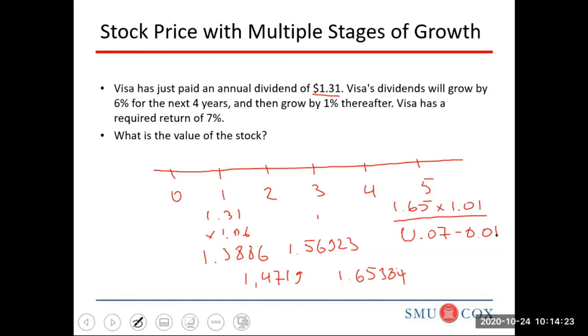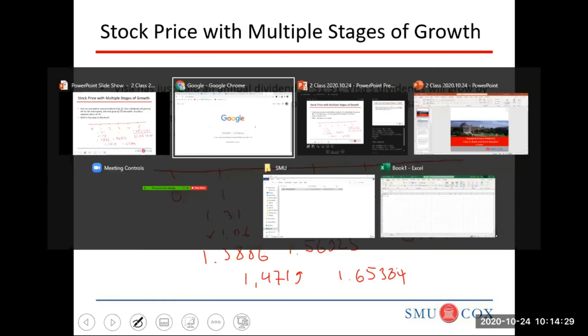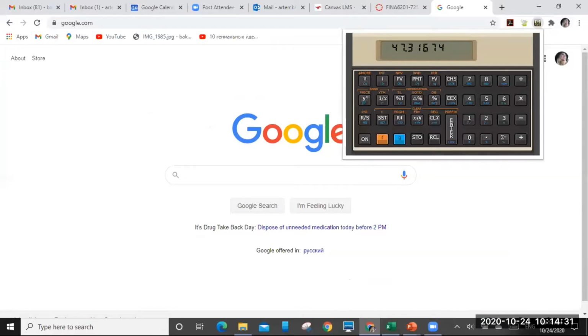$23.85. I got something else. Let me just do it in the calculator, because whenever we get differences, I like to do it together. My starting point was 1.65.